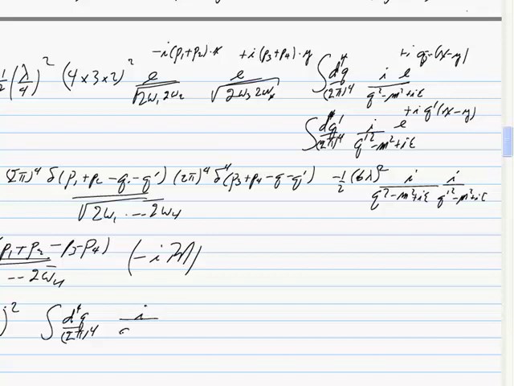There's an i over q² minus m² and another i, but now q′ is gone and has been replaced by p1 plus p2 minus q.